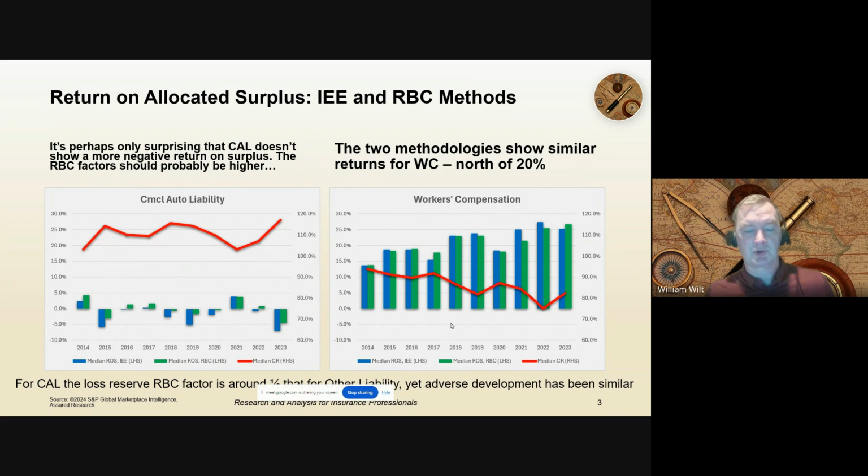Two other lines that we'll show here: commercial auto liability on the left, workers' comp on the right. I should mention that the scales were intentionally created to be the same so that they were immediately comparable.